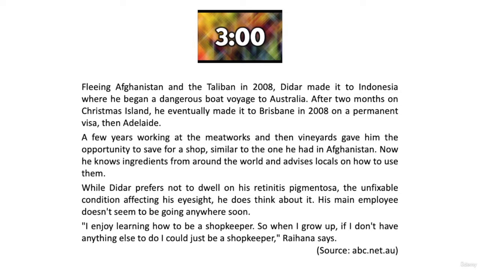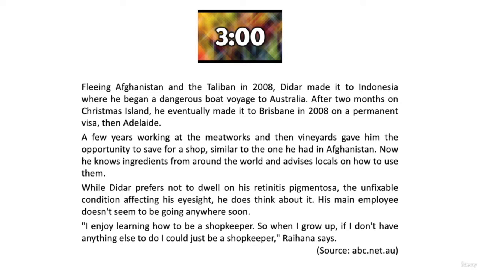Fleeing Afghanistan and the Taliban in 2008, Didar made it to Indonesia, where he began a dangerous boat voyage to Australia. After 2 months on Christmas Island, he eventually made it to Brisbane in 2008 on a permanent visa, then Adelaide.